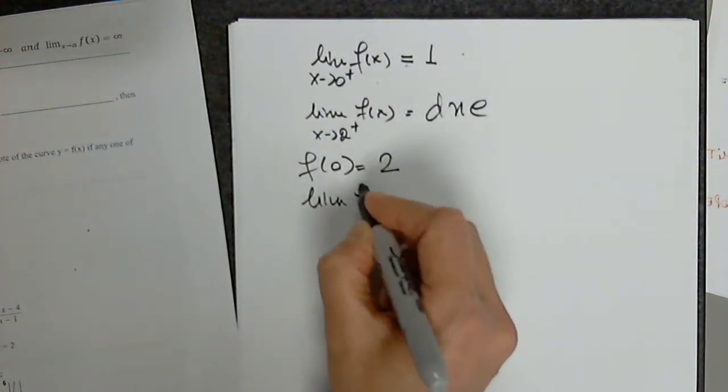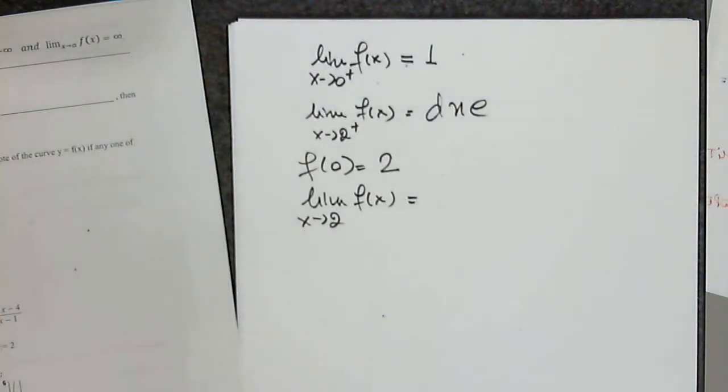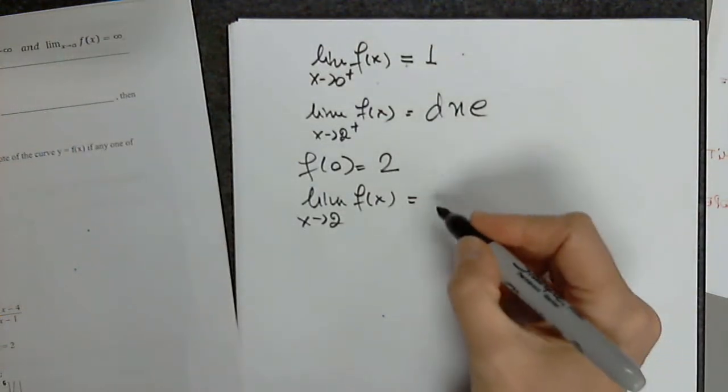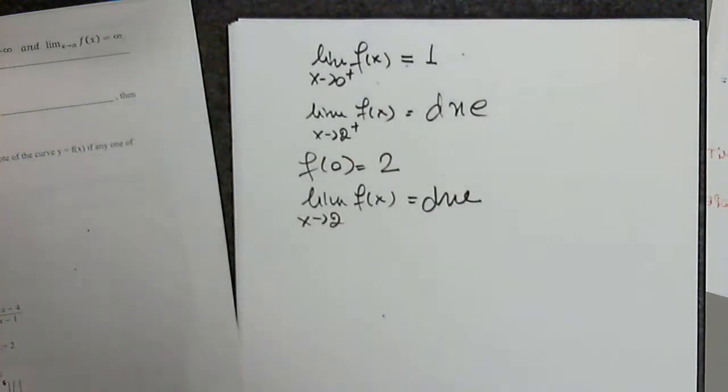Limit of f of x as x approaches 2 from either side. I have to show the function coming towards the same point from either side. Can I do that? No. So what do I conclude? Does not exist.